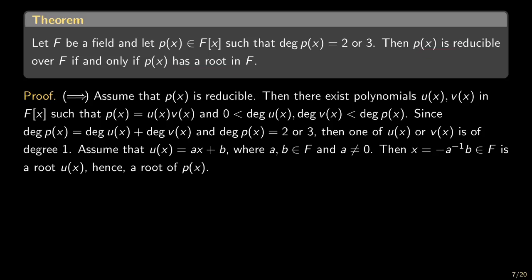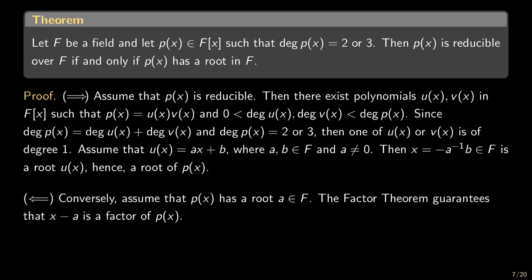So we're now going to prove the converse. Here we assume that p of x has a root. Let's say the root is a. We know from the factor theorem that if a is the root of p of x, then x minus a is a factor of p of x. Therefore, finished. Because if x minus a is a factor of p of x, then the other factor has to be at least linear, right?